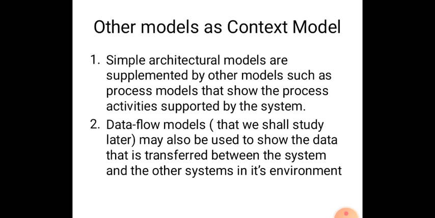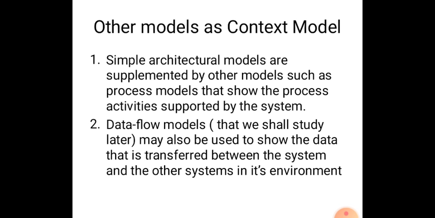Point number 2. Data flow models, that we shall study later, may also be used to show the data that is transferred between the system and the other systems in its environment. Students, as I earlier said, the context models are of three types.